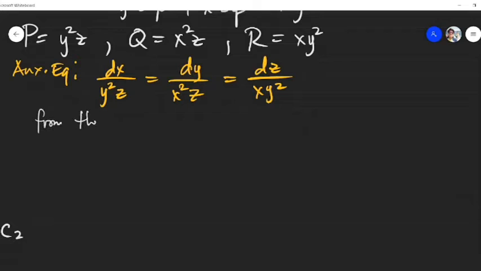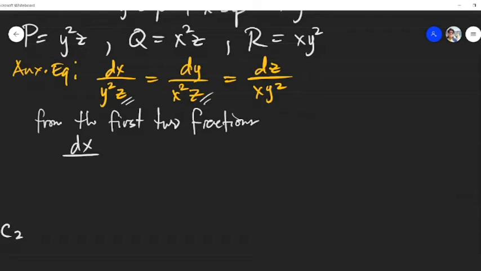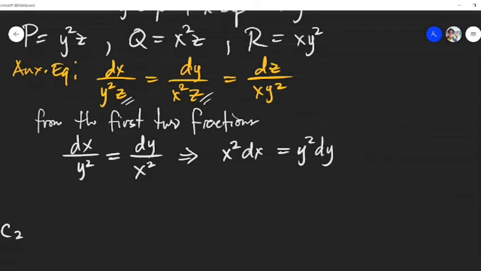So from the first two fractions, we have dx over, since both have z, if we cross multiply, those two cancel. So we have dx over y squared is equal to dy over x squared. And as you can see, this could be cross multiplied also, so that we have our variables on one side. Okay, so we have x squared dx is equal to y squared dy. So let's integrate them.